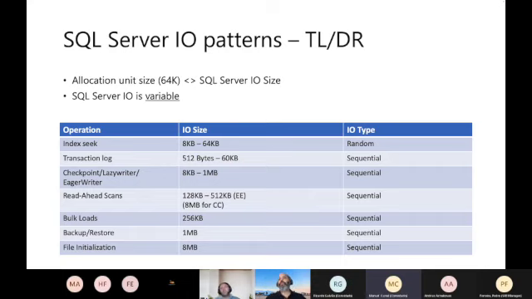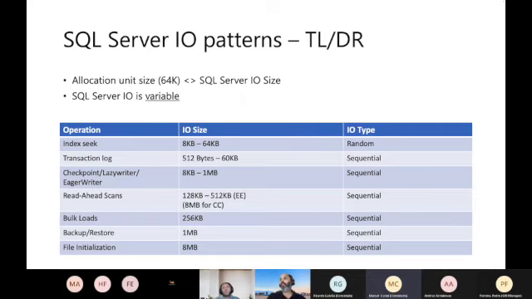For the transaction log file, the interval is interesting because you have 512 bytes to 64K bytes. 64K is sequential when, for instance, the transaction log buffer is full and needs to be flushed to disk.